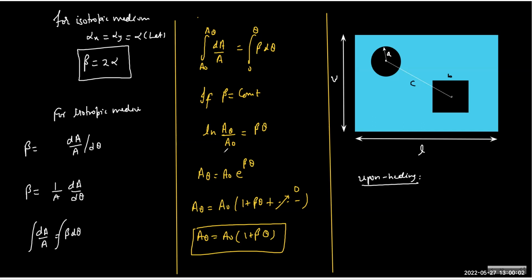A and W will increase, right? And what about A, B, C? So B and C will increase. Pardon? B and C will increase. Once again, tell me. B and C will increase. Okay. And A?